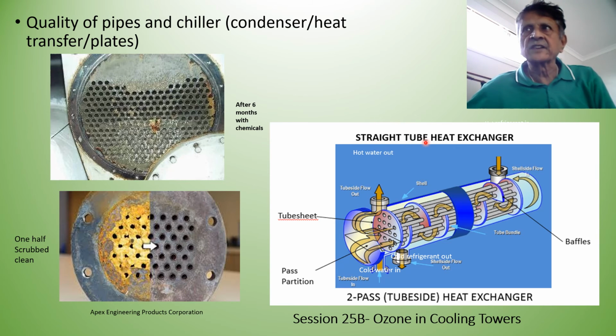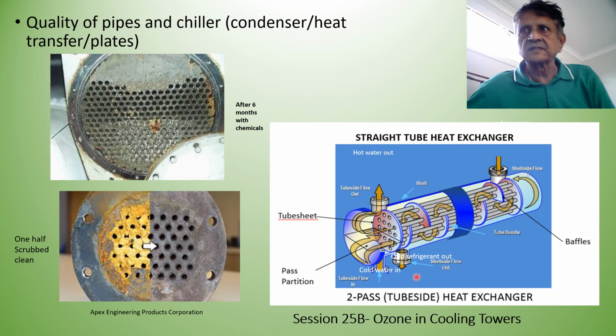Now, this picture, for those who want to know more about the heat exchanger or chiller tubes, which we call, and the flow pattern of the chiller water and the refrigerant.